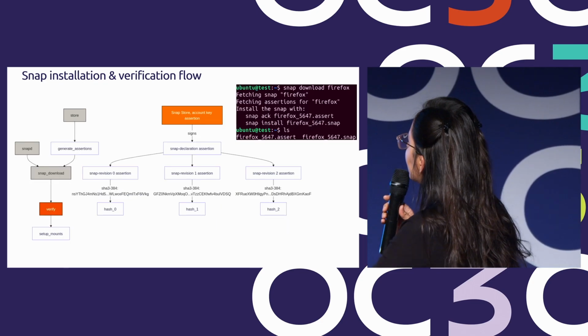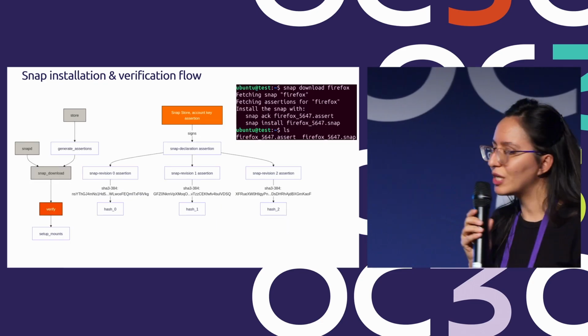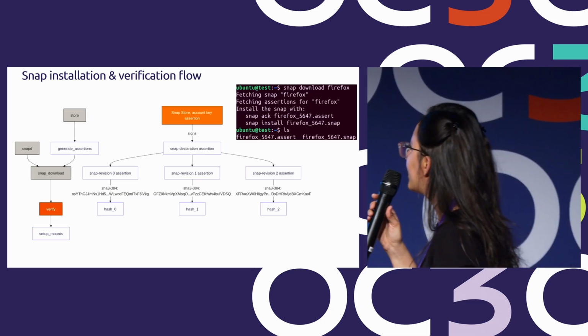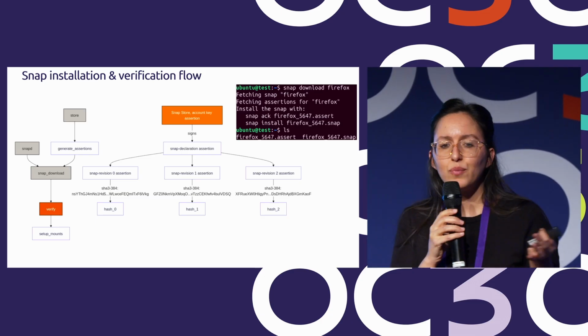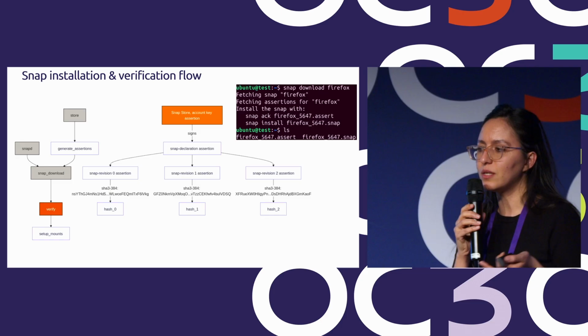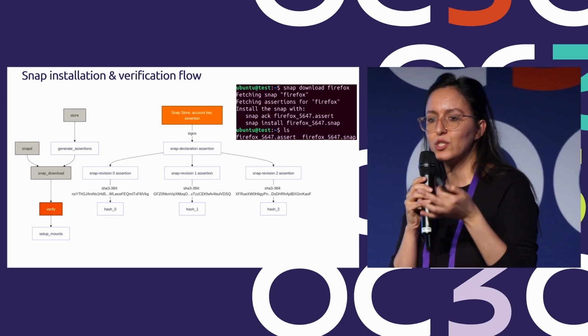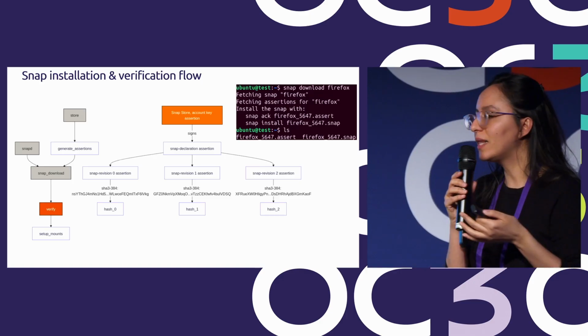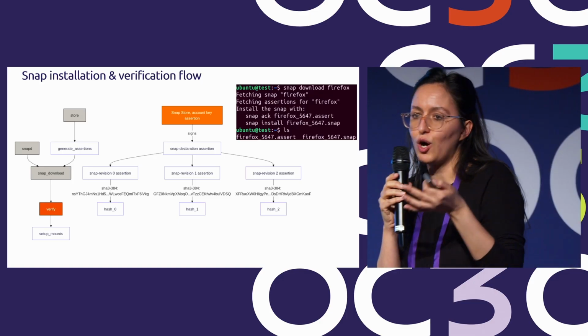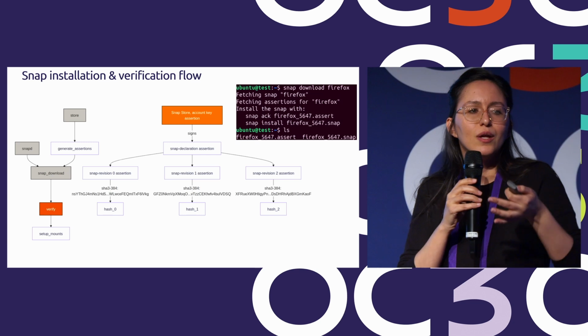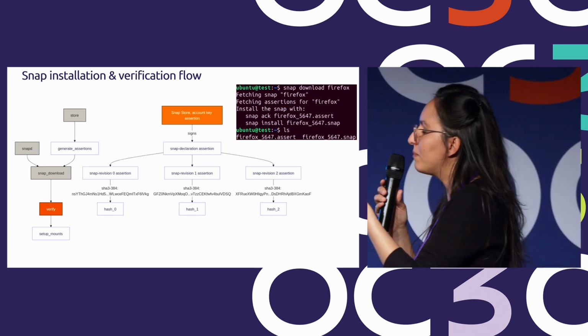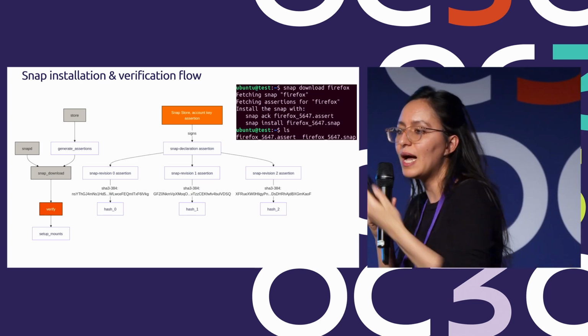And when it is time to actually install the snap, this is where things get interesting. Remember the user space daemon, the snapd? Well, snapd will be hashing. Before installation, it will hash the snap, and then it will compare the hash that it gets to a good hash that will be part of the assertions that it has downloaded.